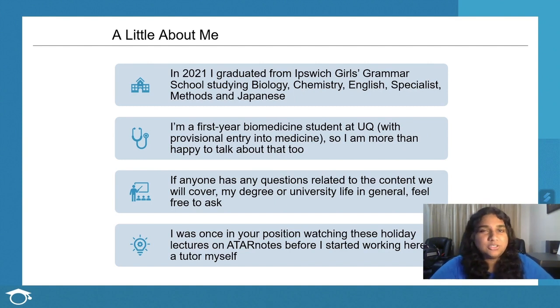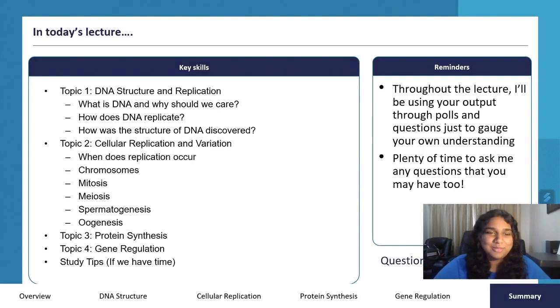I will say we do go through content pretty fast, so it's going to be quite a lengthy ride, but we've got a couple of topics to talk about today. I kind of want to cover the first half of Unit 1 in this lecture. So I've got DNA structure and replication. So what is DNA and why should we care about it?